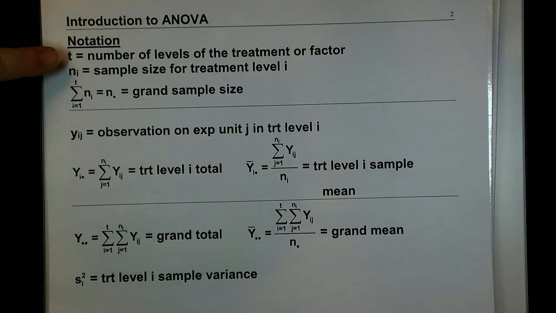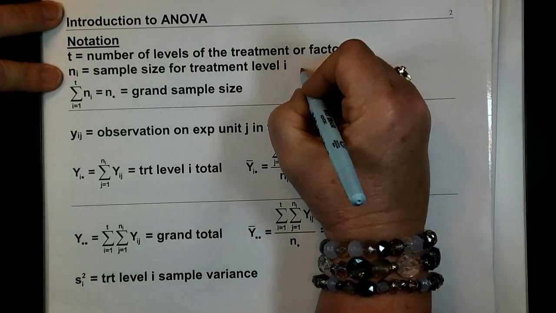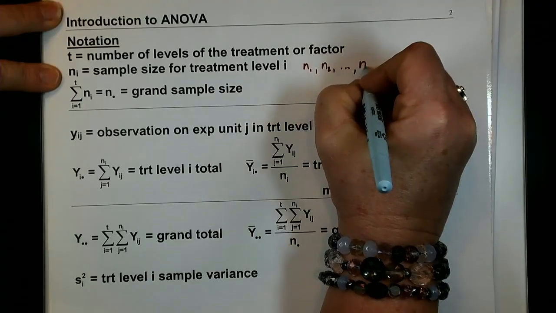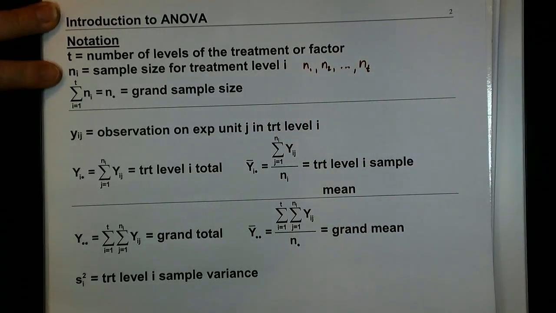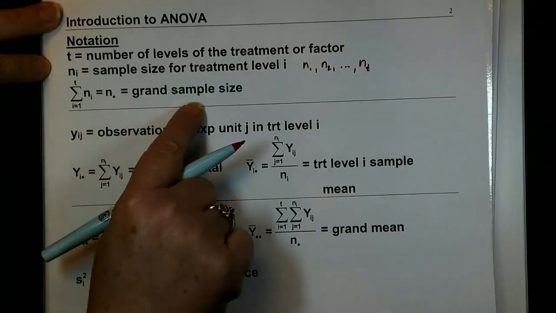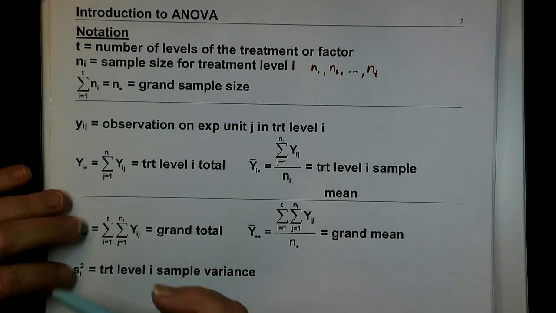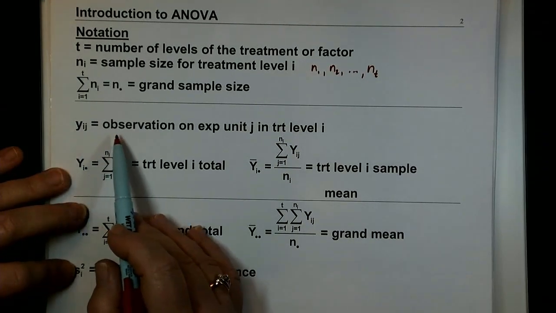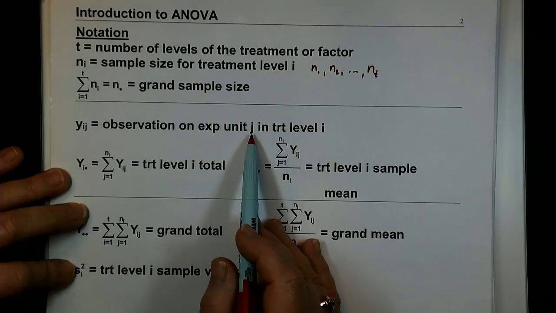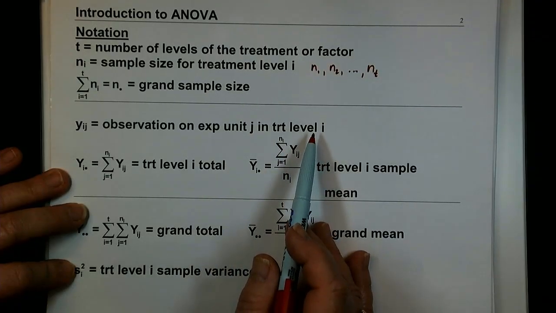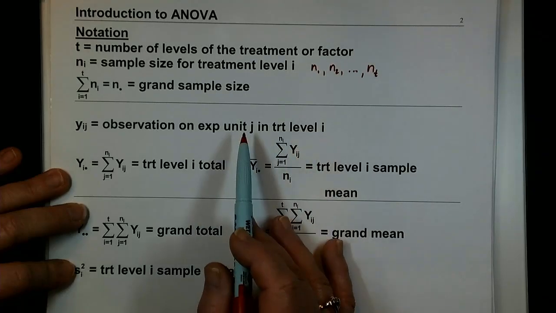Okay, so if we have these T different levels, our different sample sizes, then we have N1, N2, up through N sub T. So it's the addition of all those N_i's that gives us our grand sample size. Our value here, Y_ij, is the observation on the jth experimental unit in treatment level i. And which treatment group or population sample group is i, and then which observation.